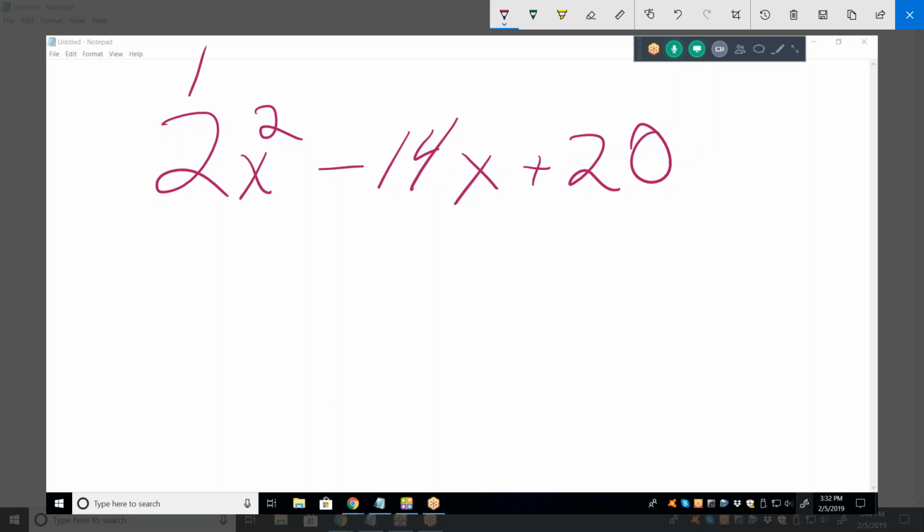Now, this is harder because that's not a 1. Right. Okay? So there are really 2 categories of factoring quadratics, and that's the easy ones and the hard ones. Now, in practicality, when you take a test, 9 out of 10 are going to be the easy ones.